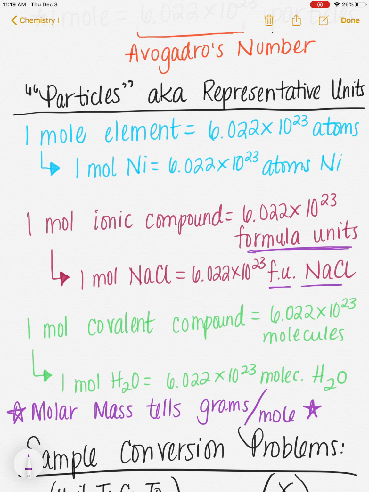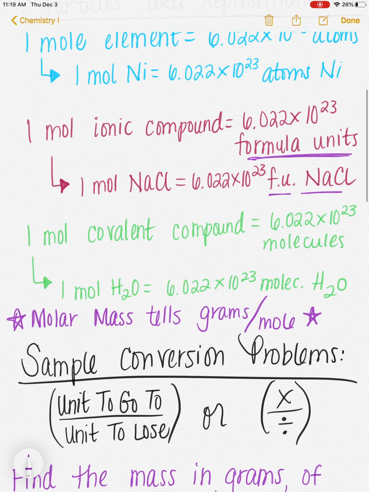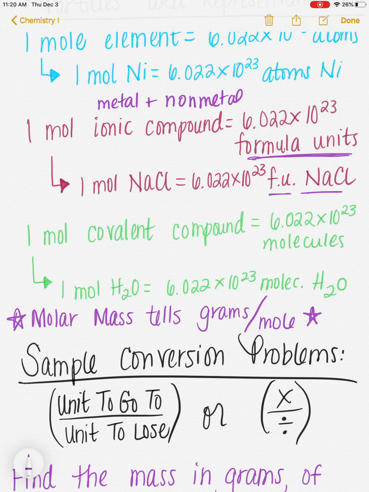You wouldn't say 1 mole of NaCl has 6.022 times 10 to the 23rd atoms of NaCl, because that's not correct. Those are not atoms. The smallest unit is a formula unit. Remember, ionic compounds are when you have a metal bonded to a non-metal, if you're trying to decide what type of compound you're working with here.